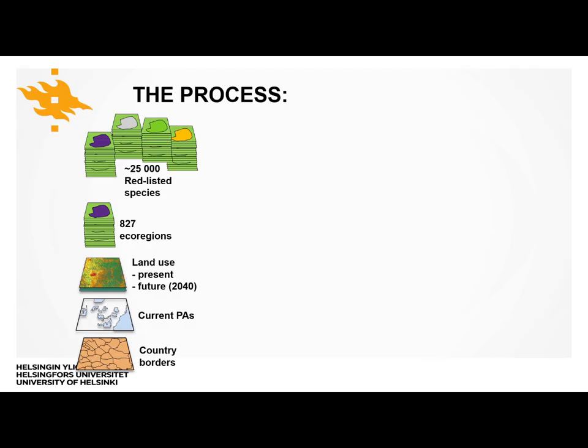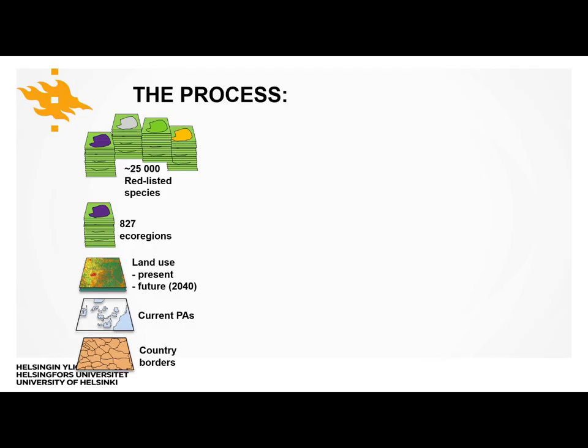So Peter Verburg and others had published a map on projection of land use change, and we used that as a factor to limit these distributions, thinking about which species are impacted by land use change. We changed their current distribution by cutting out those areas that wouldn't be available for them as habitats anymore if that land use projection took place.